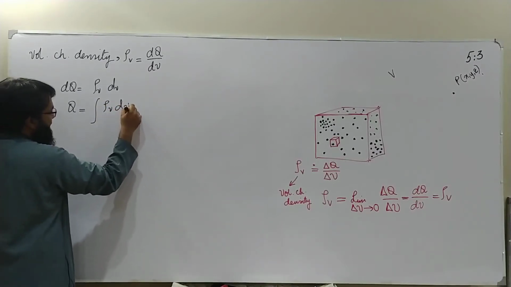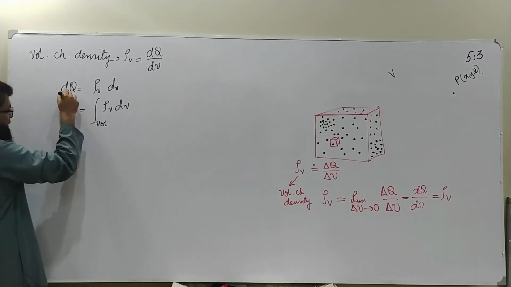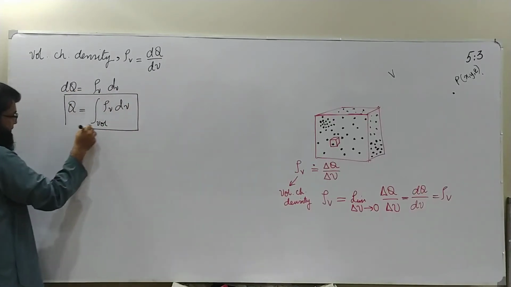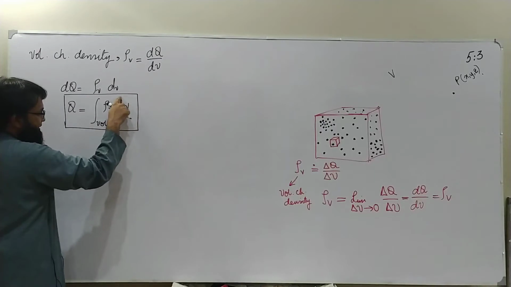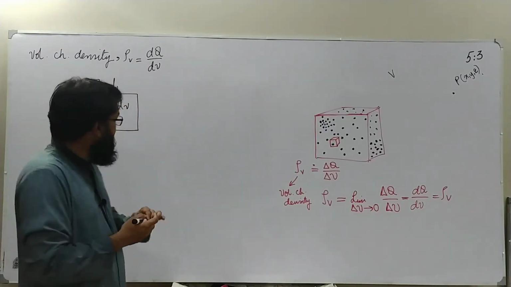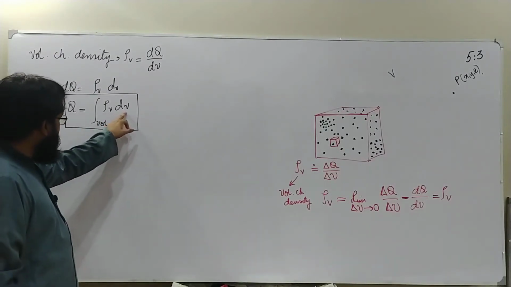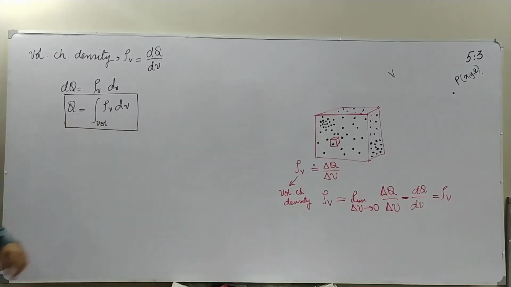But this integration is a special integration called volumetric integration, or volume integral, because dv is the differential volume which we talked about while discussing coordinate systems, so there should be 3 variables in it. So integration should be performed with respect to each of the variables. So this is how we define volume charge densities.